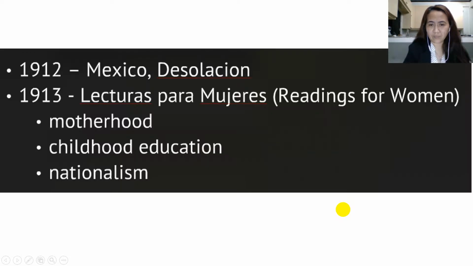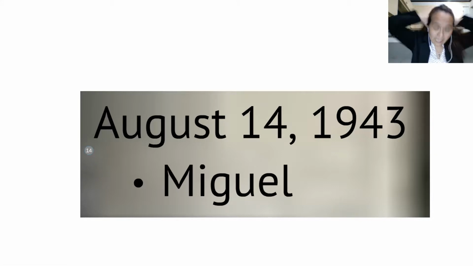So, remember, in 1909, she lost the love of her life, Romeo Oreta. 1943 was also a very sad, very sorrowful year for Gabriela Mistral. It was on August 14, 1943, that she lost her favorite nephew, Miguel, to suicide as well.